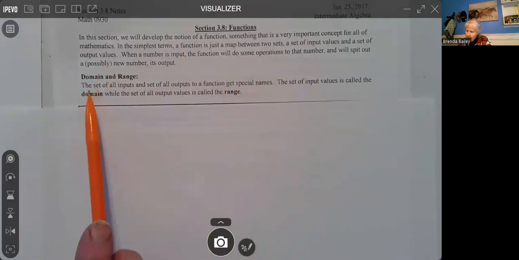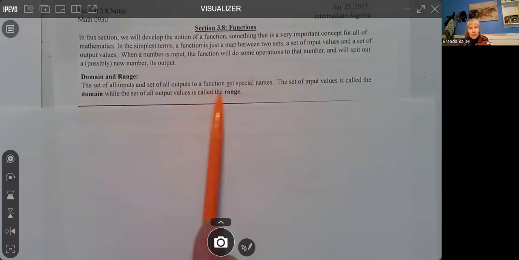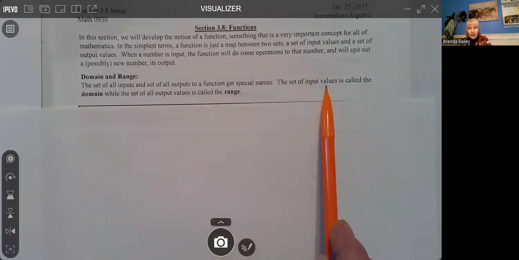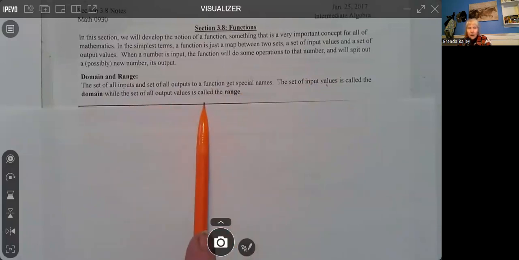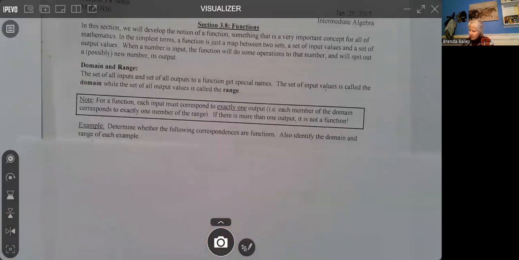But let's go ahead. The set of all inputs and the set of all outputs to a function have special names. The set of input values, what you're putting in, and in math the input is generally going to be the x's, is called the domain, while the set of all output values is called the range. Now, this will make more sense as we do some examples. Here are a few more definitions, and then we'll look at our examples.